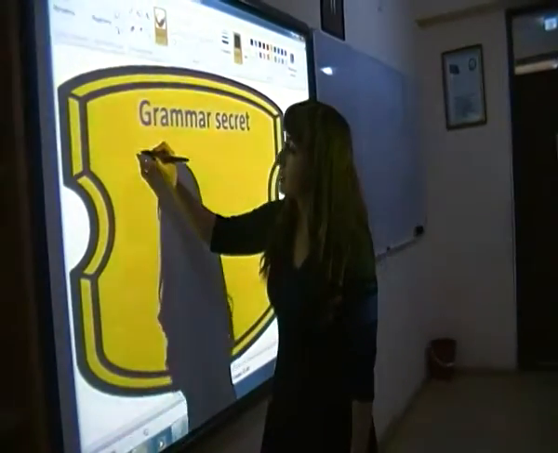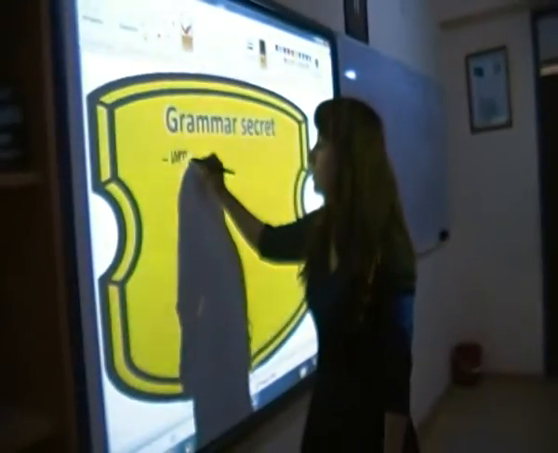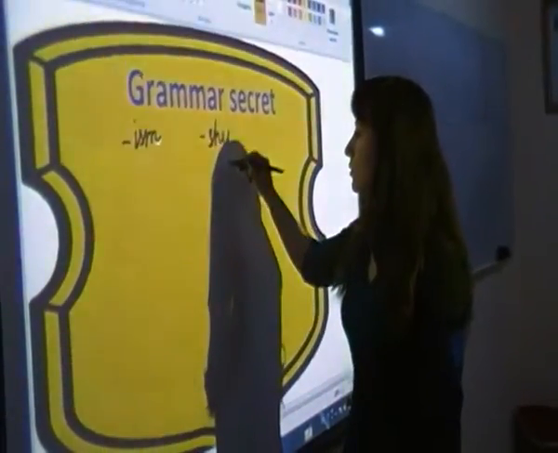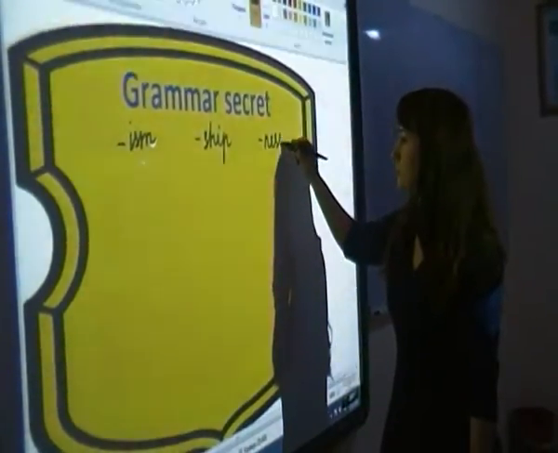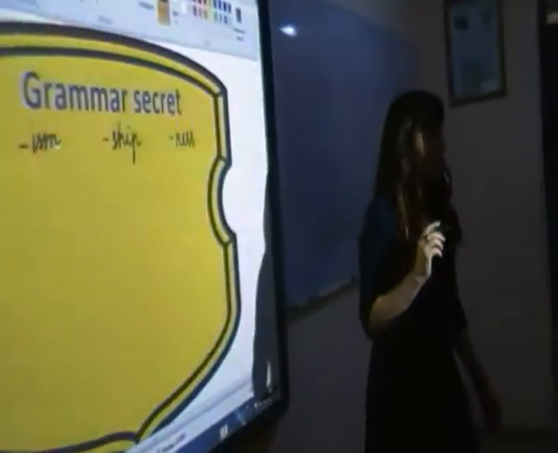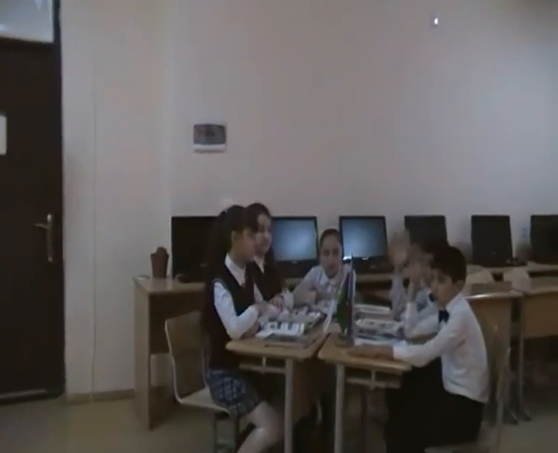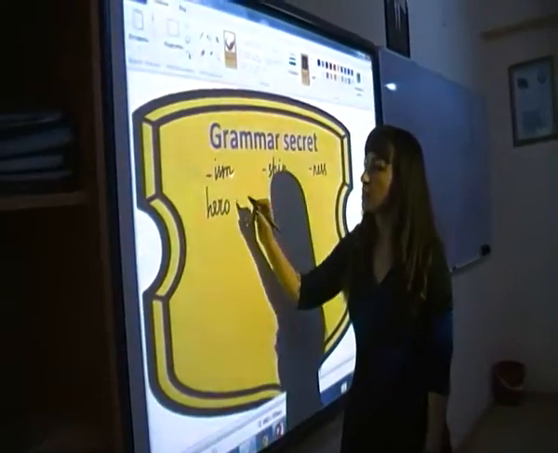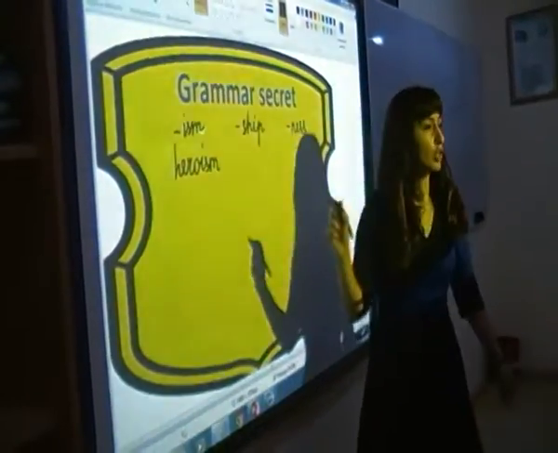Now, who can say what is Gahraman in English? Hero. Hero, yes. We write the word hero and add the suffix to the end of this word. And we get the word heroism.